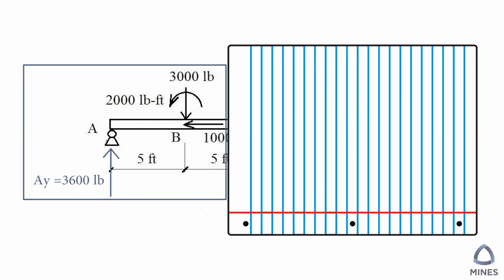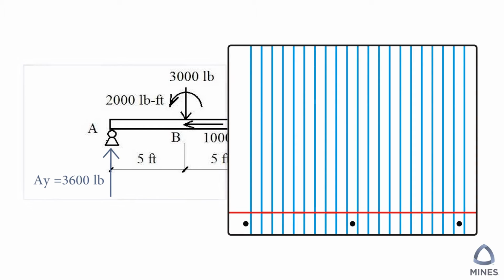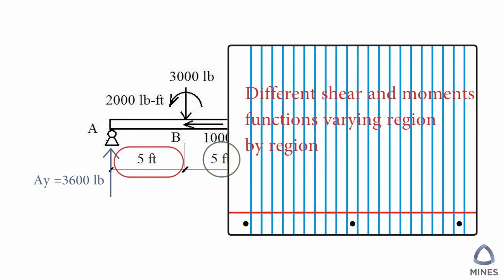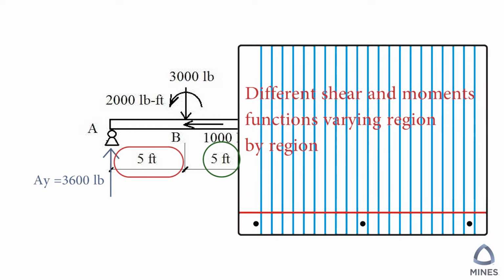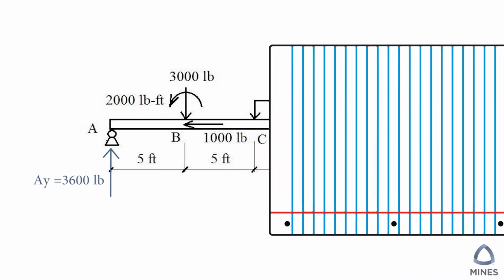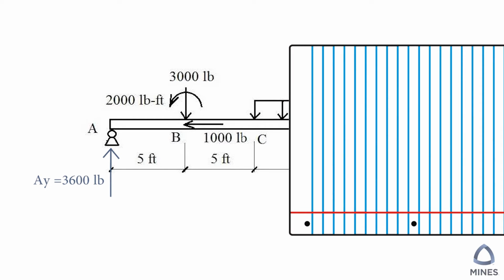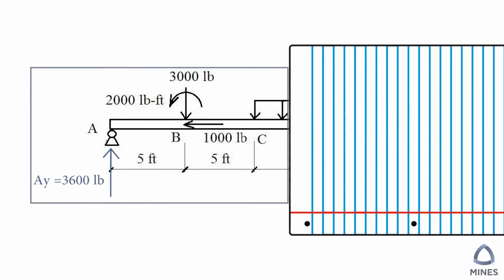So we are going to have a different shear moment function in this region than in that region. If we keep moving our cut, the uniformly distributed load will be involved, which means we are going to have another shear moment function here.